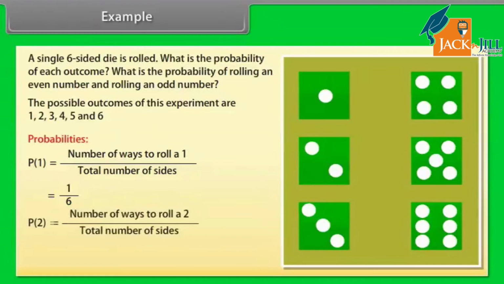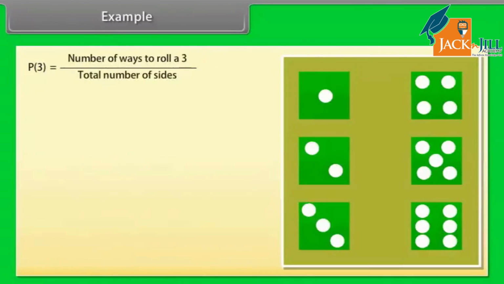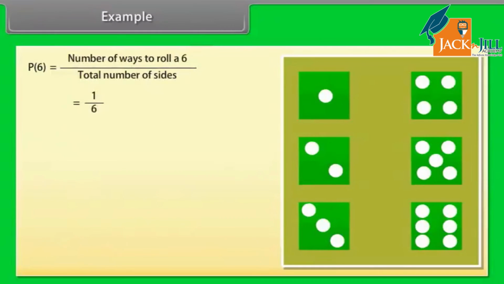Probability of 2 is number of ways to roll a 2 by total number of sides is equal to 1 by 6. Similarly, the probability of 3 is number of ways to roll a 3 by total number of sides is equal to 1 by 6. In the same way, we will find the probabilities of 4, 5, and 6. Now we can see that the ways to roll even numbers is 3.